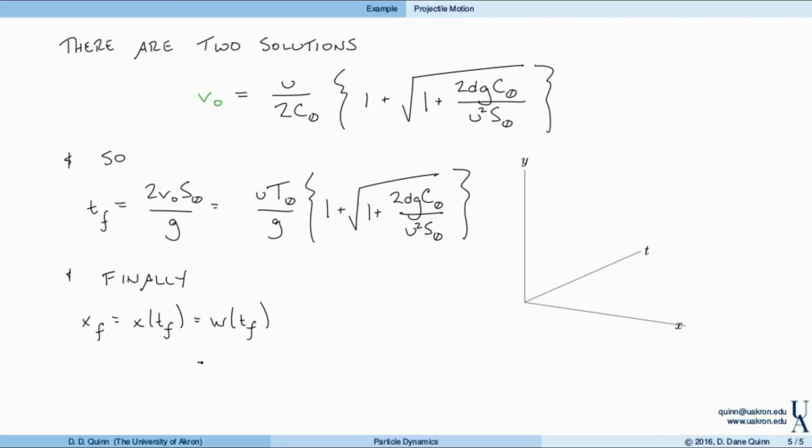So the final position is equal to d plus u times t final. So that finally results in u squared tangent of theta divided by g times 1 plus square root of 1 plus 2dg, and then all the rest of these terms.